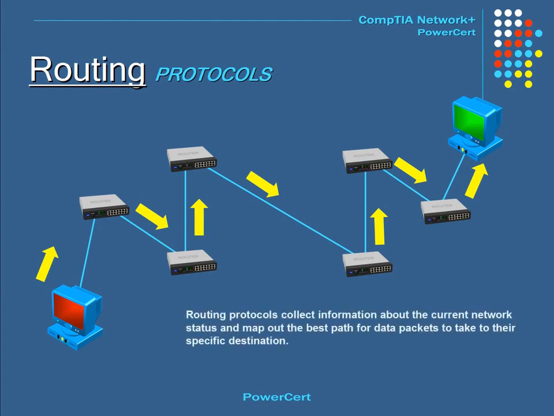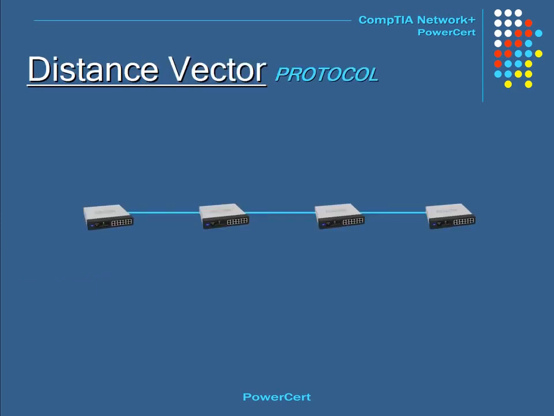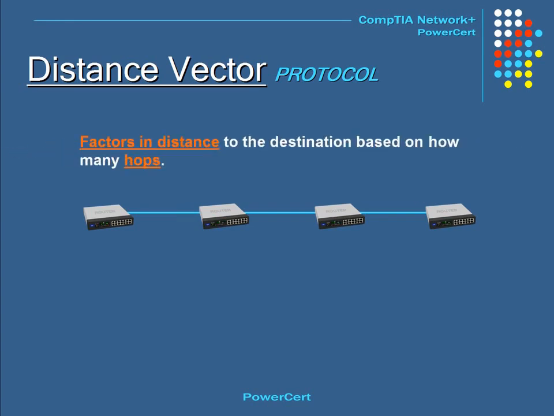Routing protocols collect information about the current network status and map out the best path for data packets to take to their specific destination. Now there are three different types of routing protocols: distance vector, link state, and hybrid. Distance vector protocols factor in distance to the destination based on how many hops.